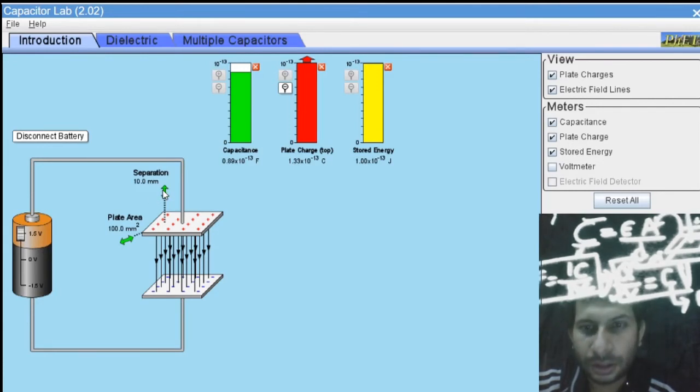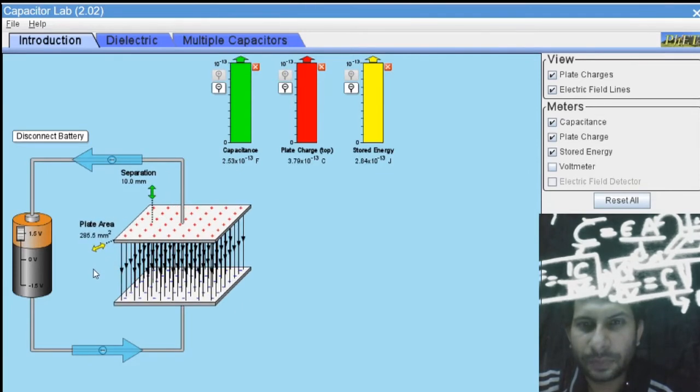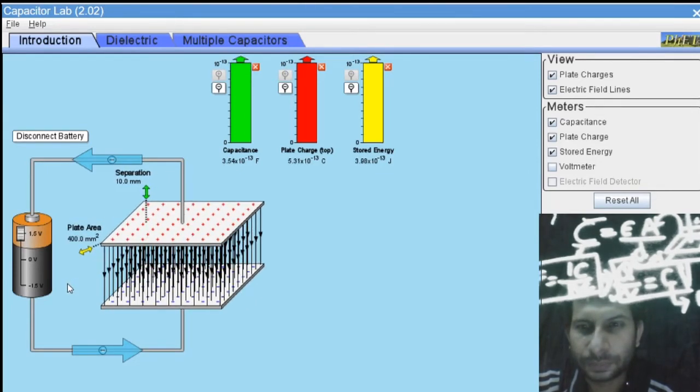And if we increase the area of the plate, what should happen? If we increase the area A, you can observe at the bottom of this green slide bar that the capacitance in farad increases to 3.54 into 10 raised to power minus 13 farad.